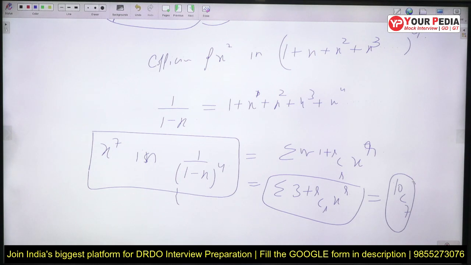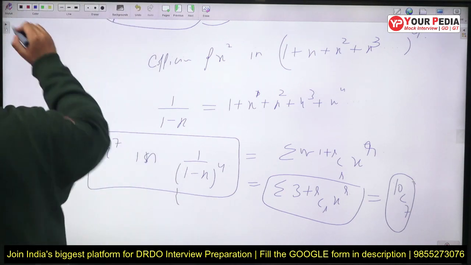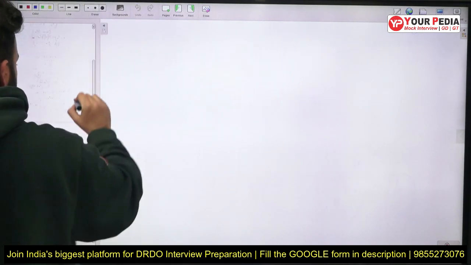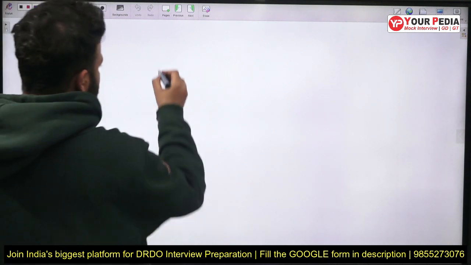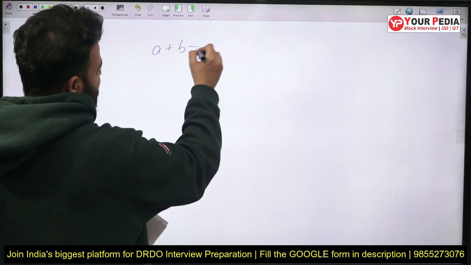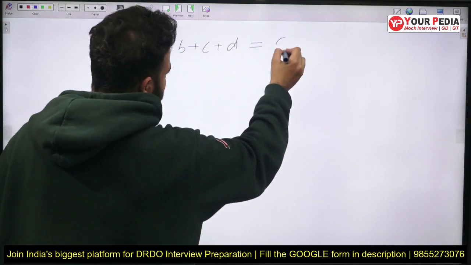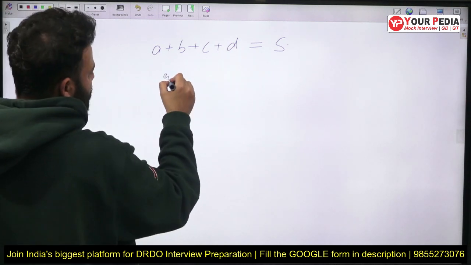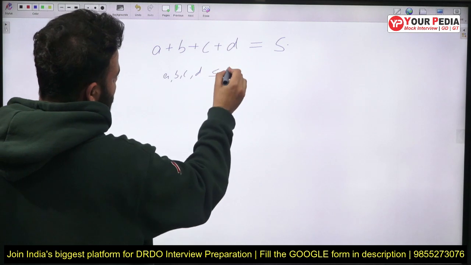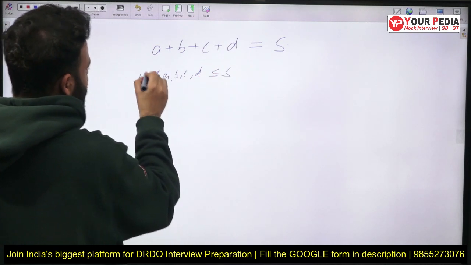Now the next question is: we have to find the generating function for A plus B plus C plus D equal to 5, where the constraints given are that A, B, C and D are each less than or equal to 5 and greater than or equal to 0.